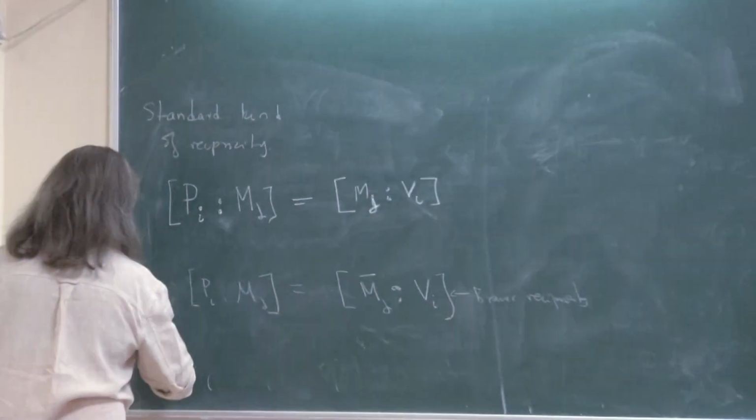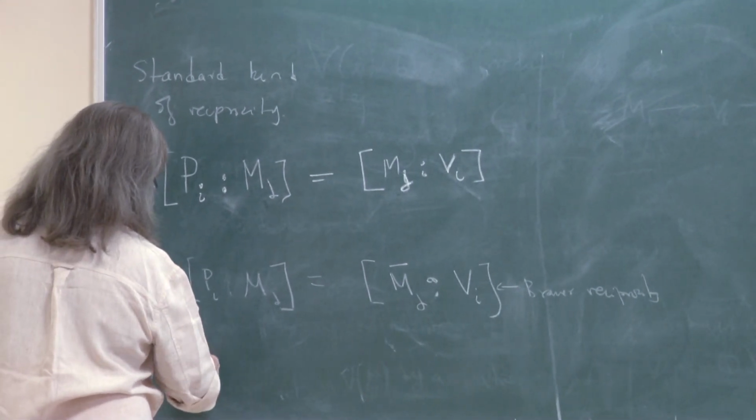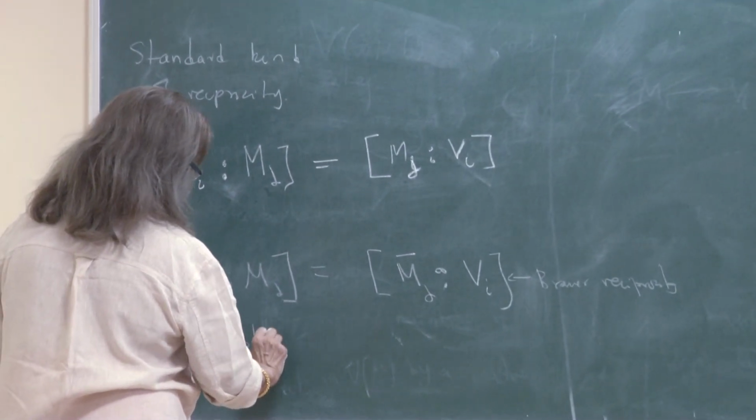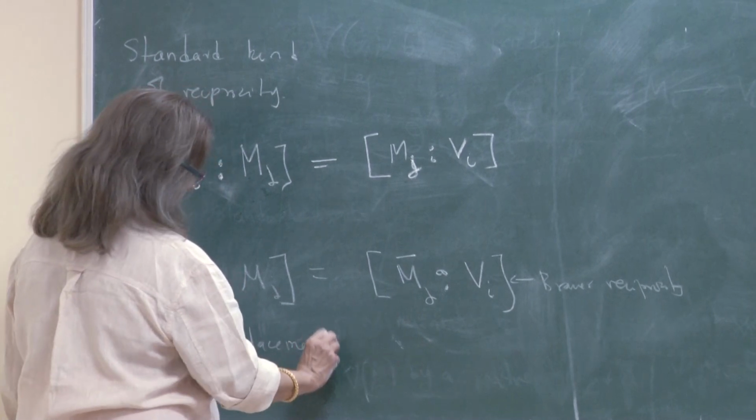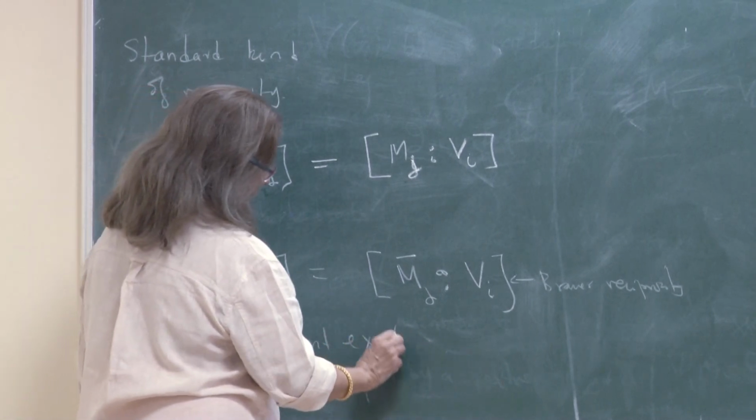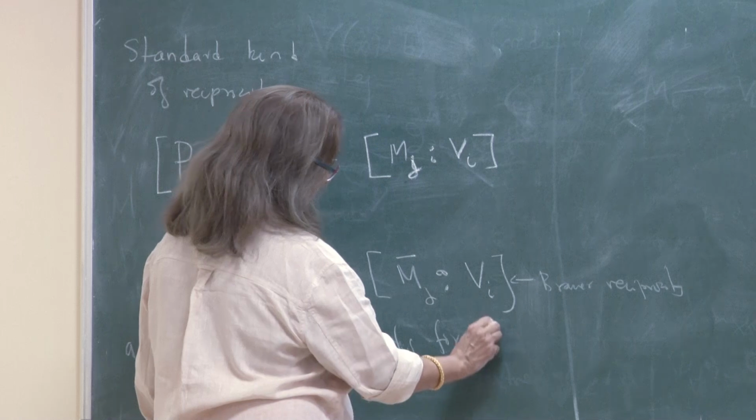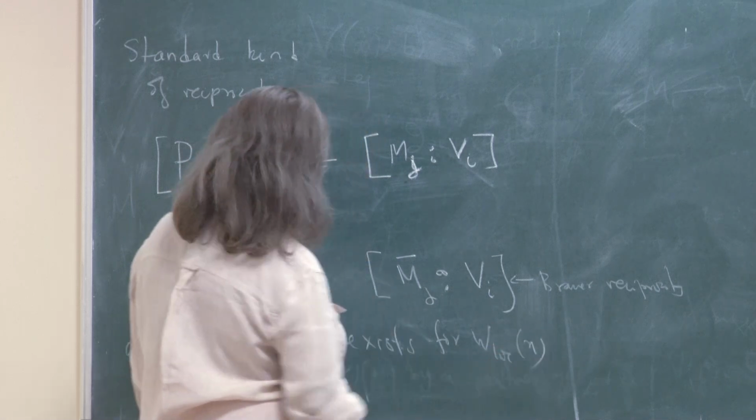So an appropriate replacement exists for W local N. That's known as the global Weyl module.